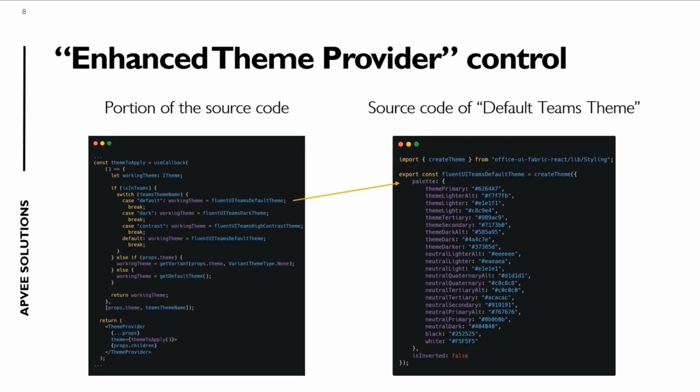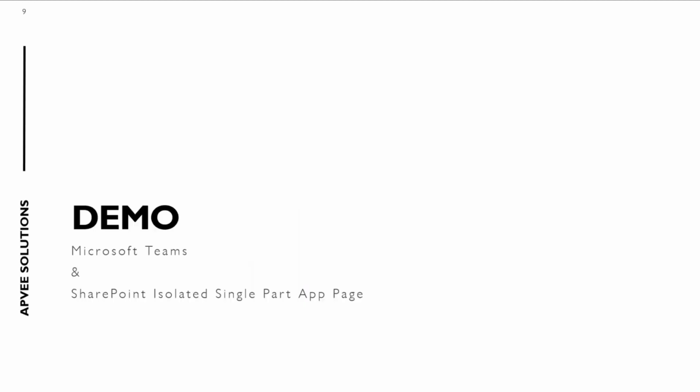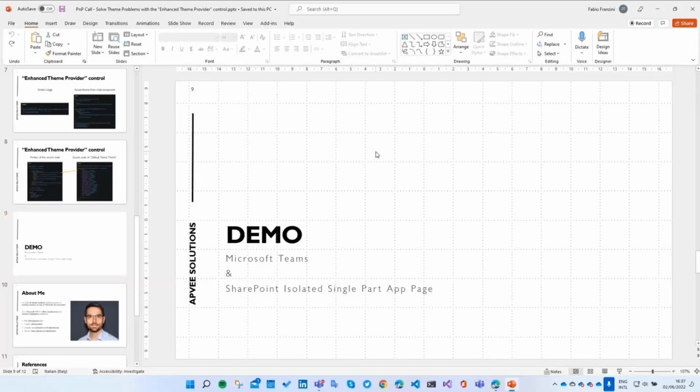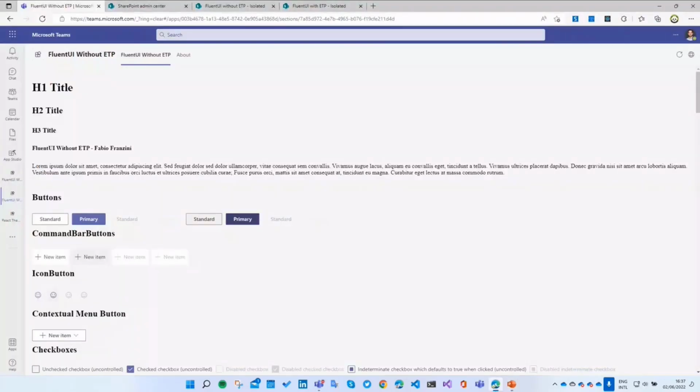For example, this is the implementation of the palette of colors of the default theme, but I already implemented the dark and the high contrast themes. And then when we have retrieved all the information to apply the correct theme, internally we use the theme provider to apply this theme.